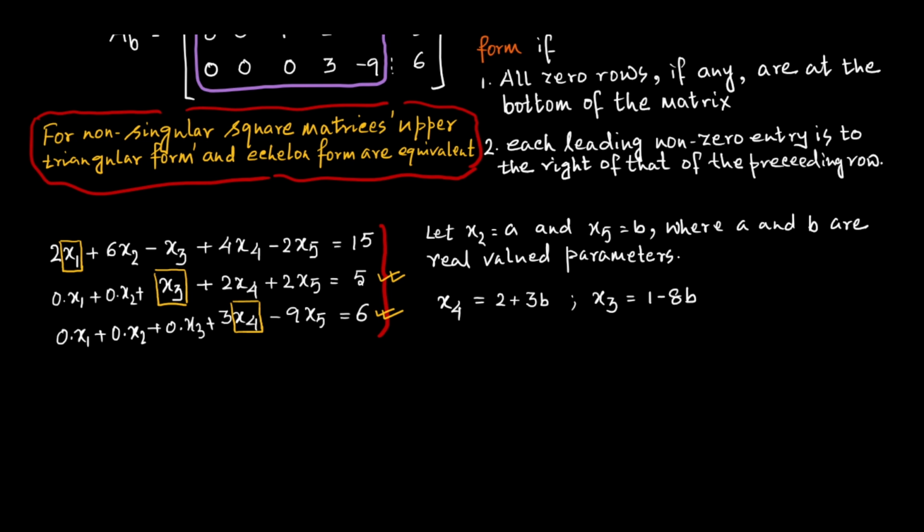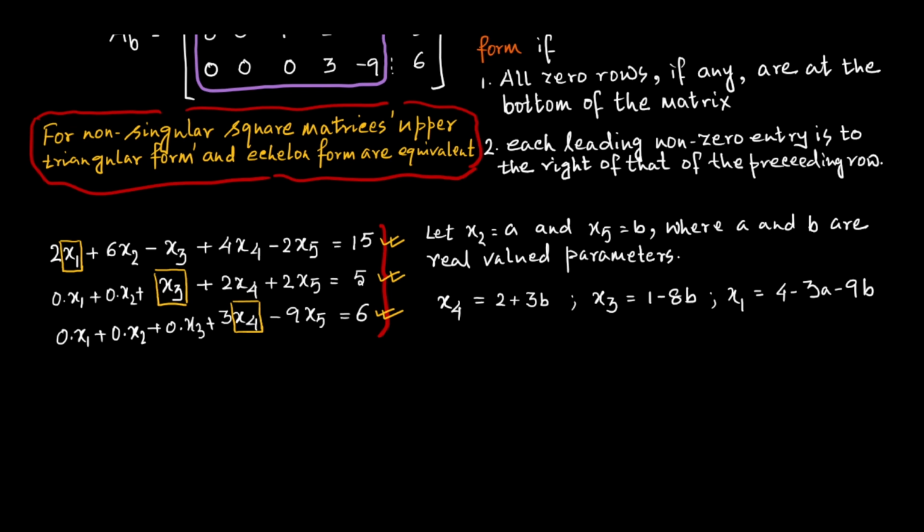In a similar way, if we plug the values of x2, x3, x4, and x5 into the first equation, we find that x1 will be equal to 4 minus 3a minus 9b.